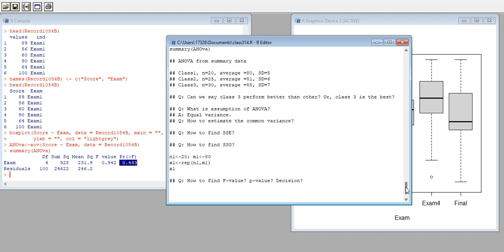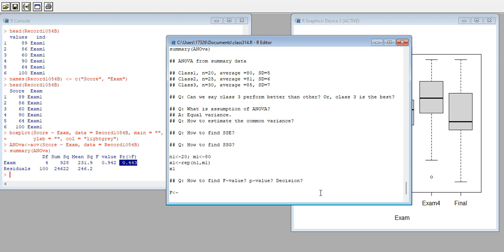So here let's conduct an ANOVA test. For the ANOVA test, we just need to find the F value and the P value and make our decision. The F value is most important, right?